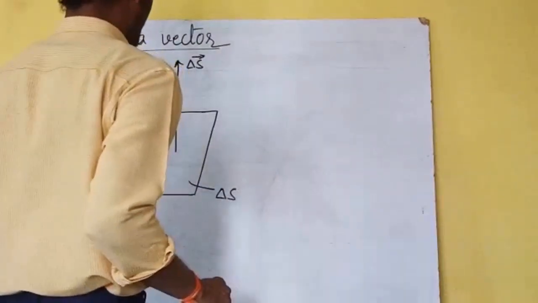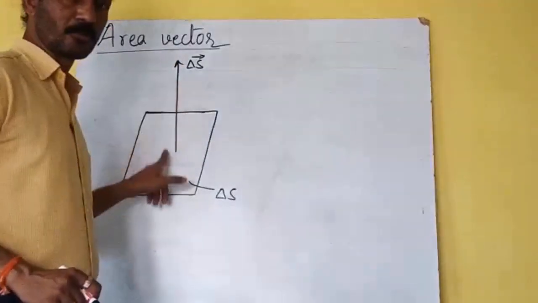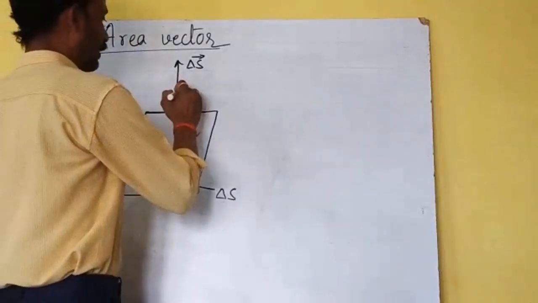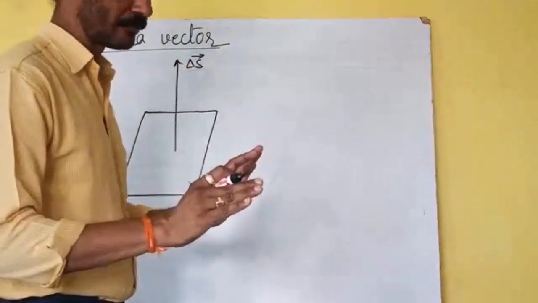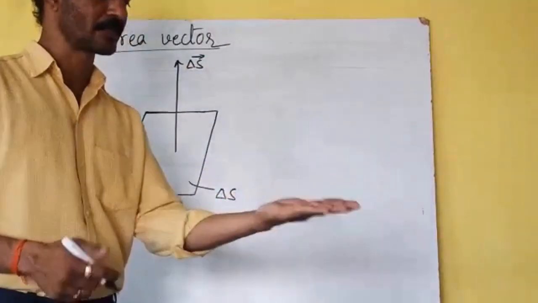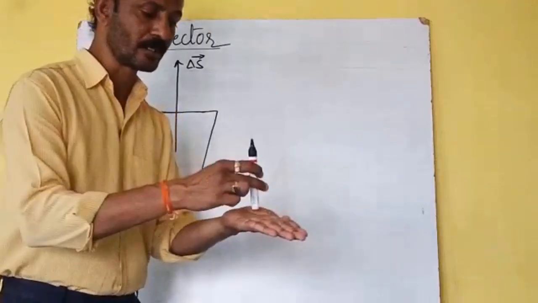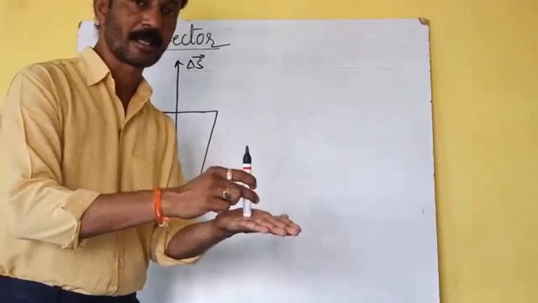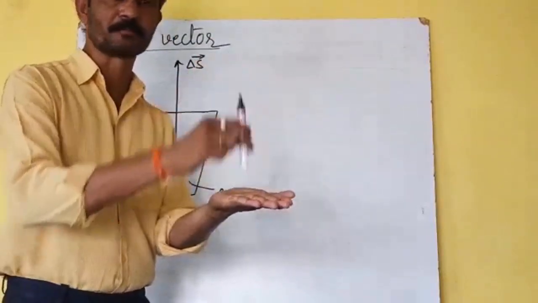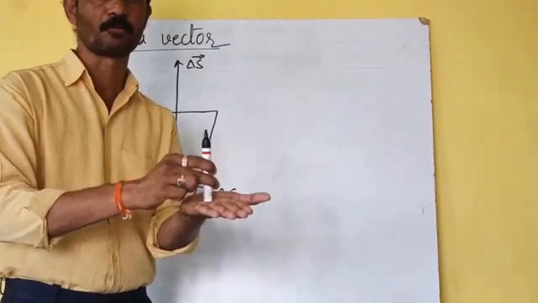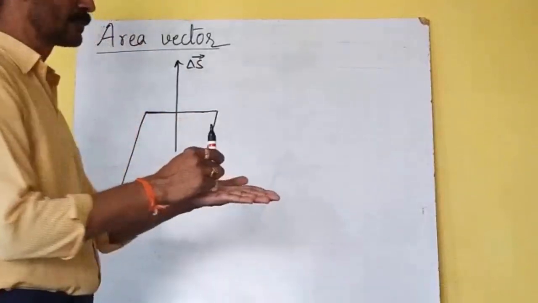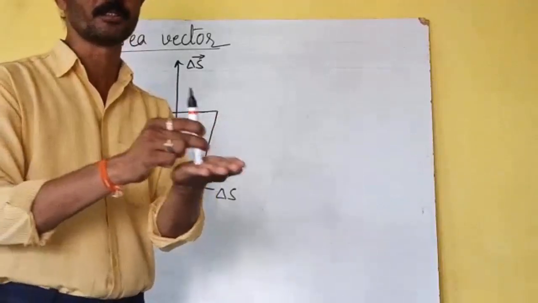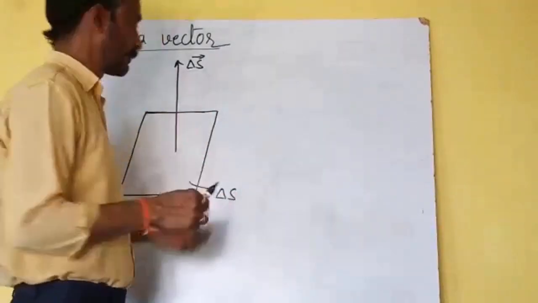This arrow is along the outward drawn normal. If we consider any one surface and draw an arrow from this surface, this represents the area vector. Therefore, the area vector is an arrow drawn normal, or perpendicular, to the area element.